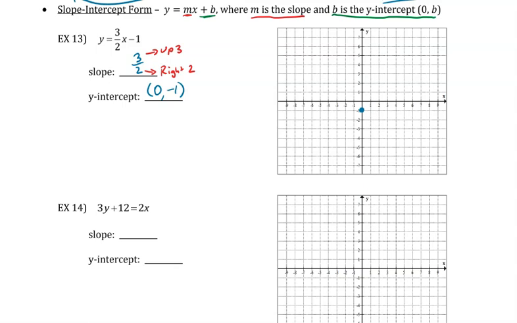So from our y-intercept, we're going to count up 1, 2, 3, and then right 1, 2. That is going to be our second point. If we want a third point, we just do that again from our second point. So we can go up again 3, right 2, and that could give us a third point.